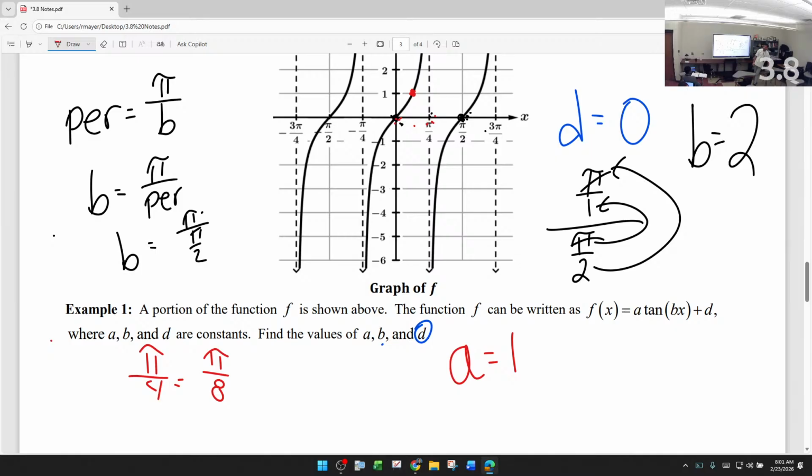Take the value where you get 0, between the concave up and concave down. You're on the right track.